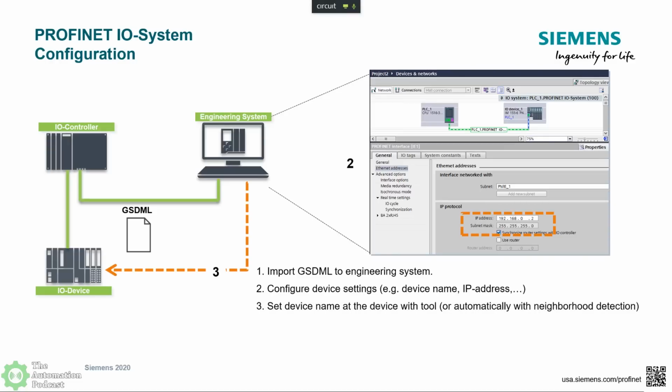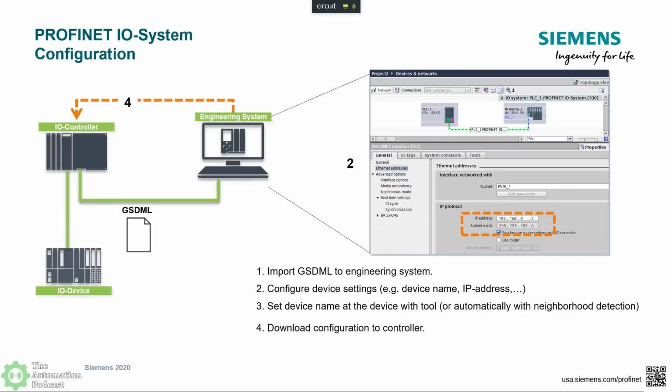After that, you set the device name on the device itself with the engineering system or any other kind of tool. And after that, you download the hardware configuration to the I/O controller.